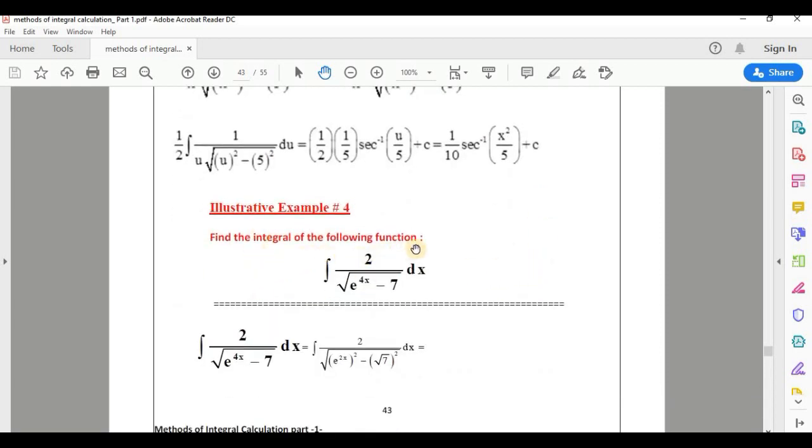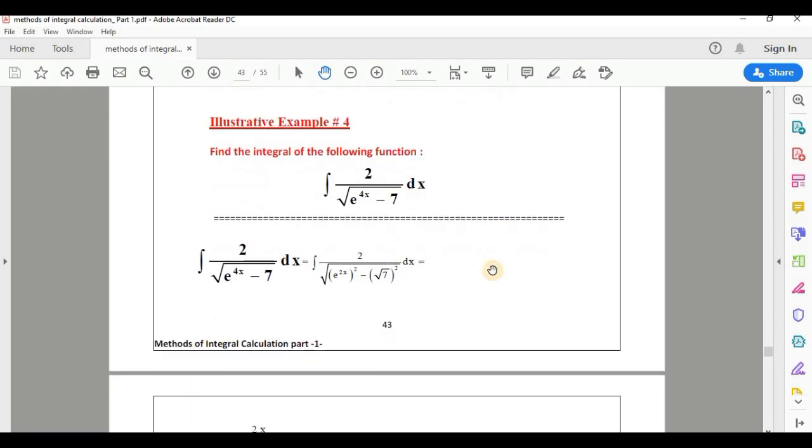Let's see another example. Find the integral of the following function. We have this function. How will we find the integral? First, we will try to arrange this part to put it in the power 2 and this part in the power 2. And how will we do that?